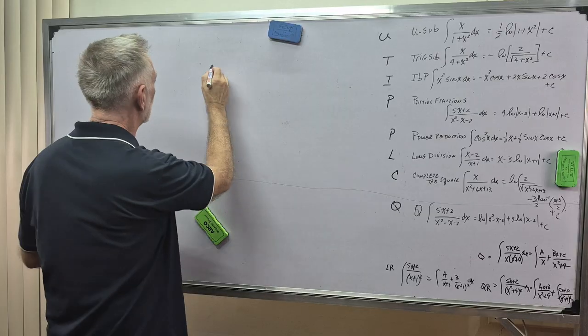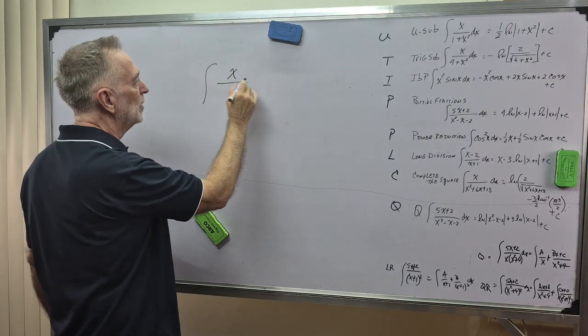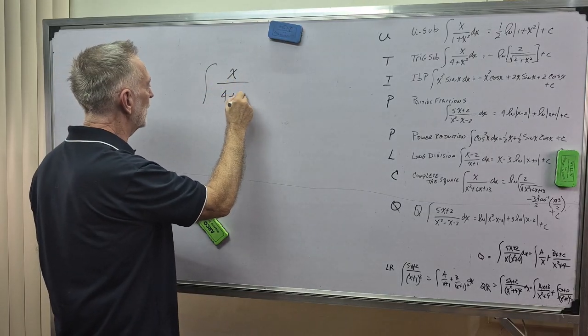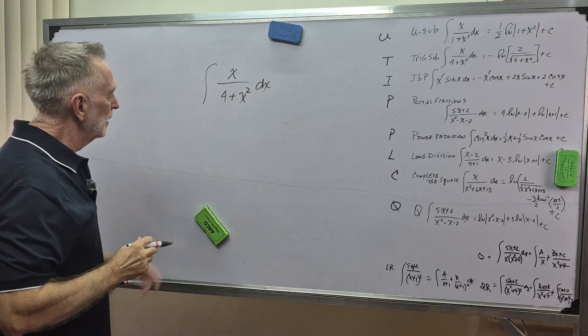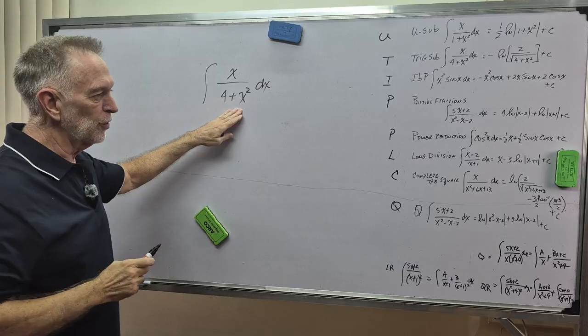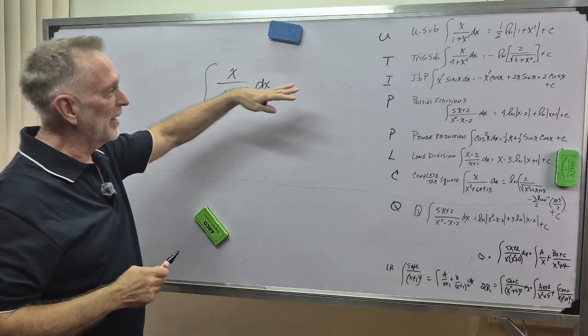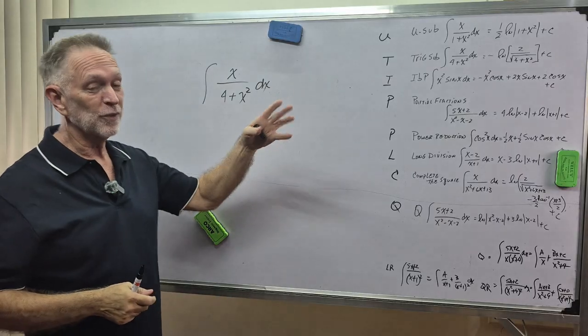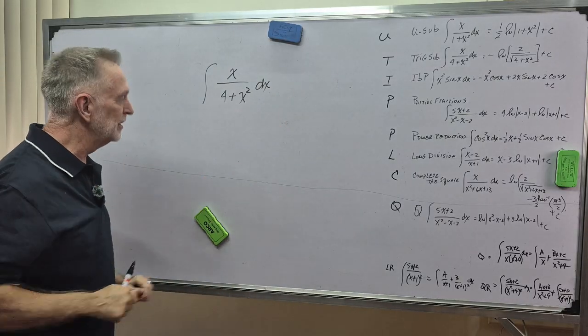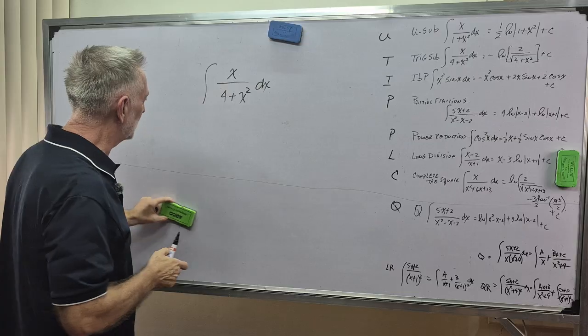Okay, we have the integral of x over 4 plus x squared dx. Now, when you're looking at a problem, actually the one we had earlier when I said there's several ways to solve that, we could have used Trig Sub on it, but I wanted to use it for U-Sub.